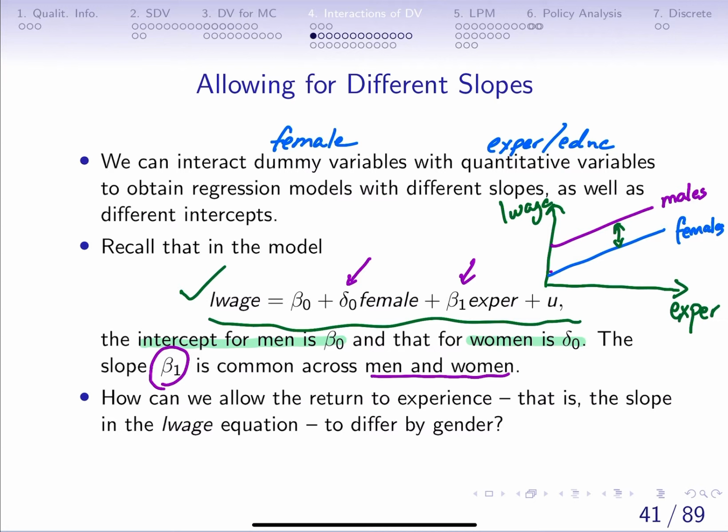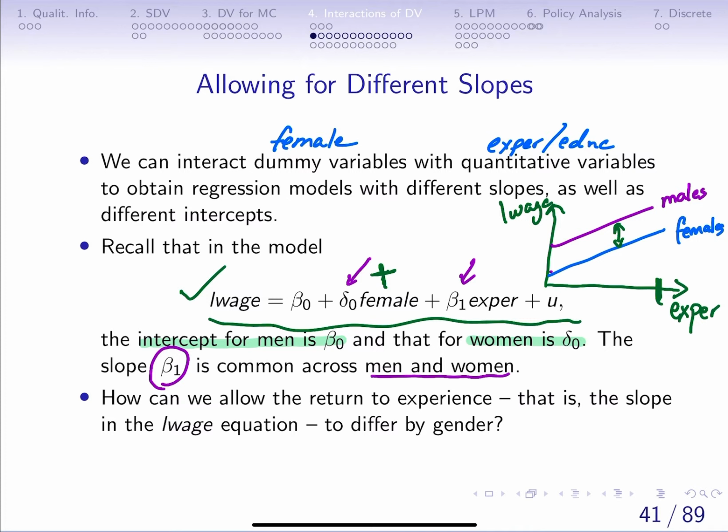This graph only makes sense when delta is positive and significant, so that there is a gap that doesn't close. But you may have reason to believe that this gap actually closes, or at least reduces, at higher levels of experience.